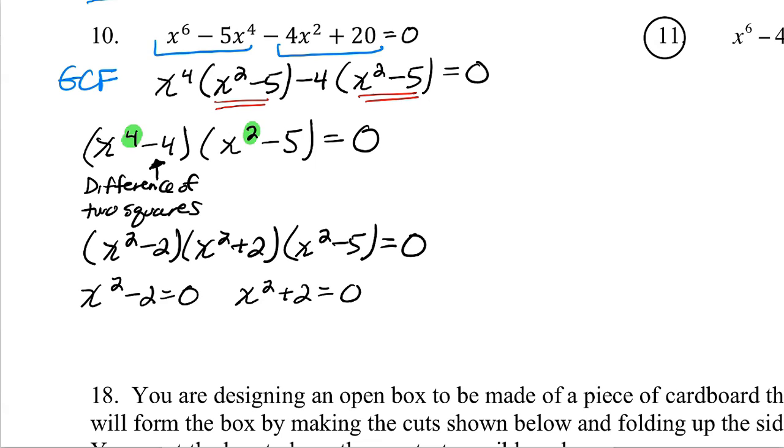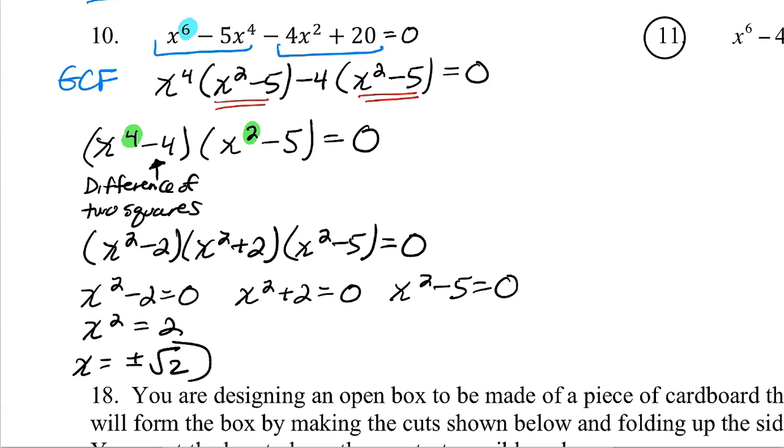Doing this makes sure that we don't miss any solutions, because we should have, notice, we should have 6. This is a degree 6, so we should get 6 solutions. So we'd have x squared equals 2, so x equals plus or minus root 2. There's 2 solutions. X squared equals negative 2, so x equals plus or minus i root 2, because of the negative there.